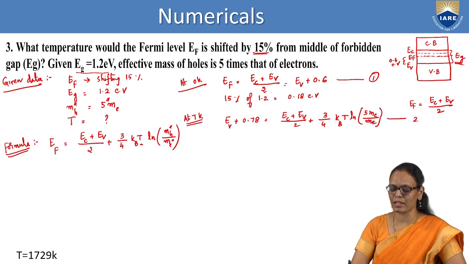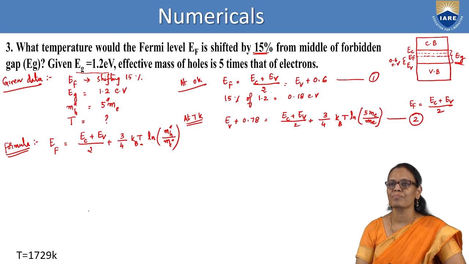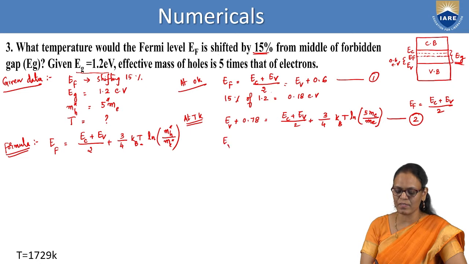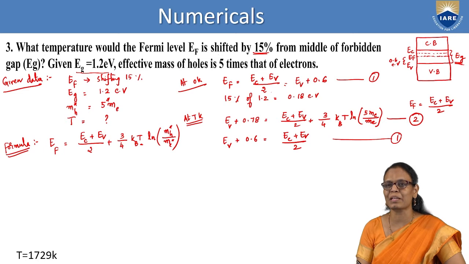We'll take this as equation 2. In equation 1 we have (EC plus EV) by 2 is equal to EV plus 0.6. I will rewrite it as EV plus 0.6 is equal to (EC plus EV) by 2, just by interchanging the terms for convenience.